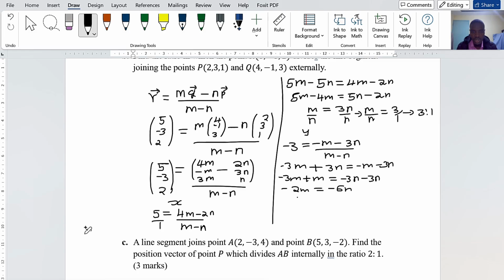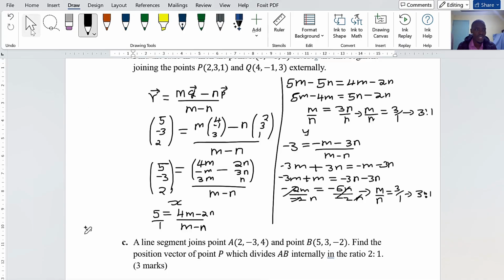When you rearrange and divide by negative 2 and by n, this cancels that, and this cancels that, we get the ratio m over n equals 3 over 1. So the ratio again is the same, 3 to 1.